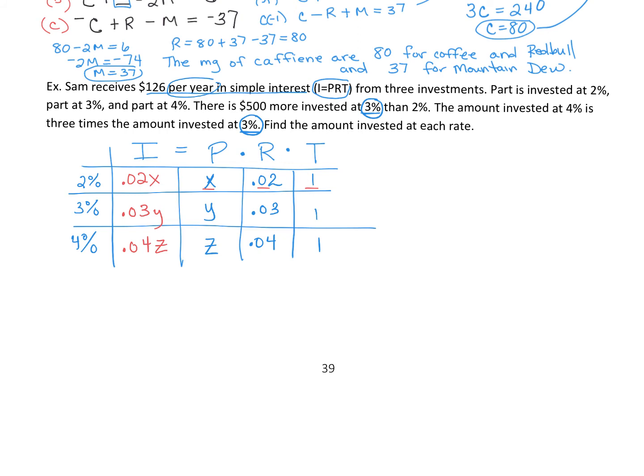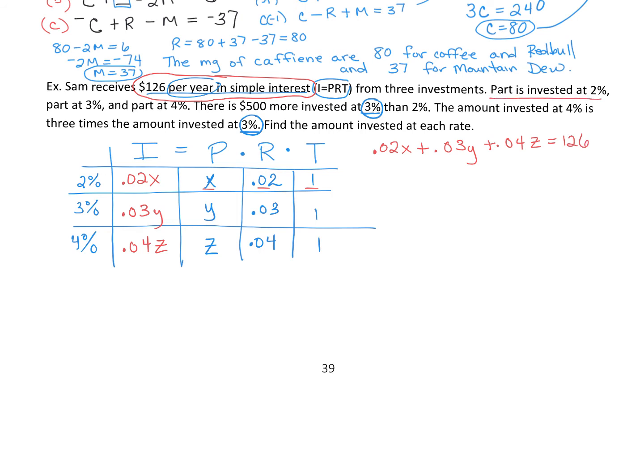Okay, so now let's look at the statement again. We have $126 per year in simple interest. So that means if I add the simple interest from each account, I will get 126. So that's one of my equations.